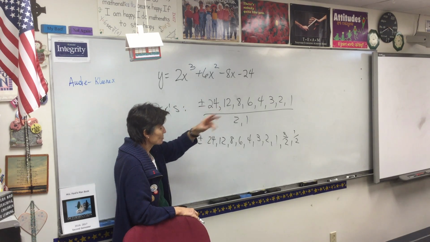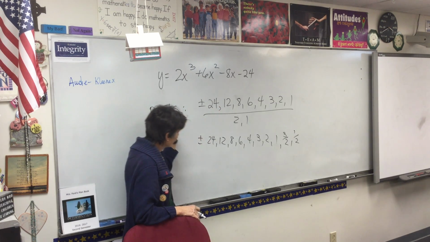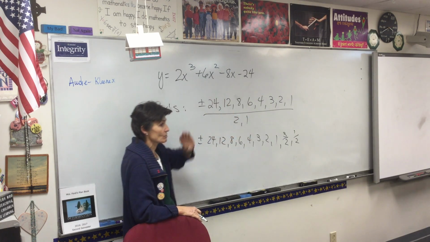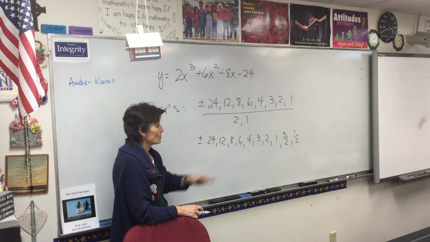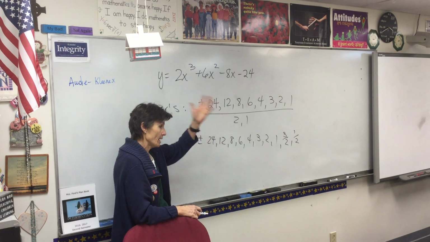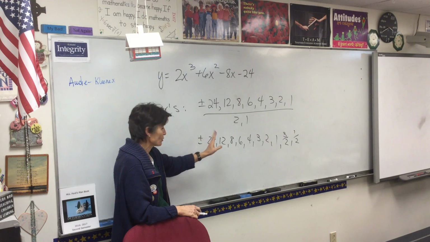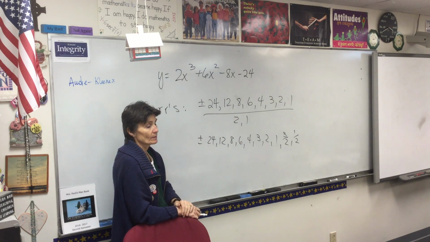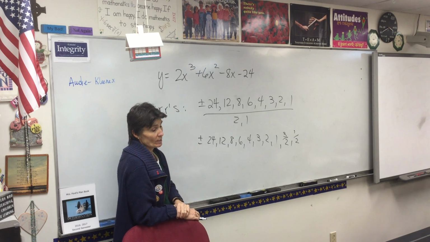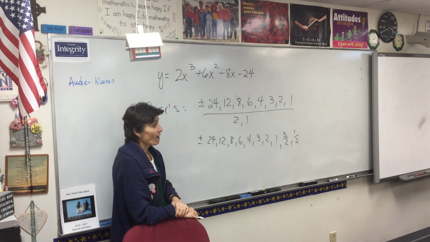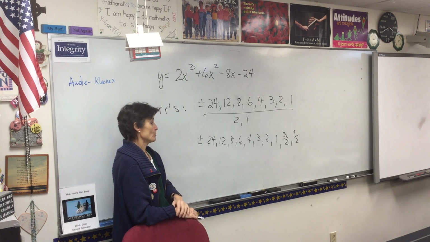Taking all the factors of 24 and putting them all over the factors of 2. Those are the PRRs, that list, done. You only have to put 1 plus or minus. You don't have to put plus or minus on everything. Now, the second part of that question says, find the actual roots.